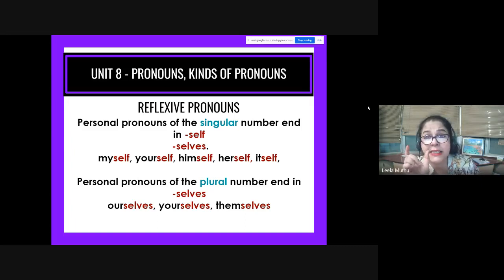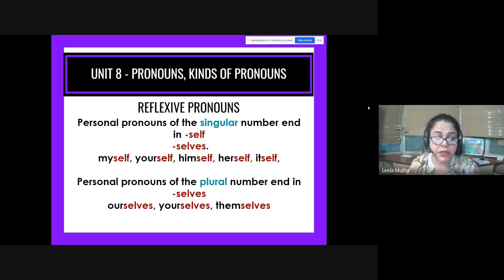It's a suffix, self. For example, myself, yourself, himself, herself, and itself, right? All singular pronouns to which you have added the suffix self.